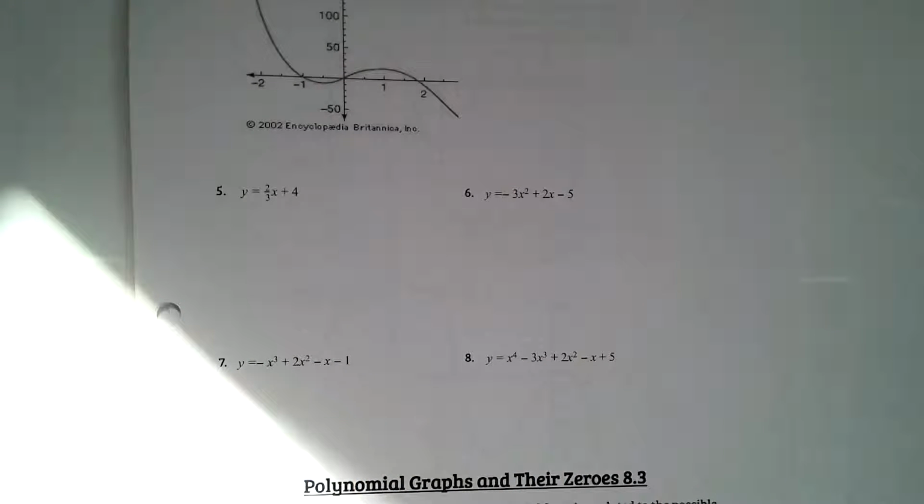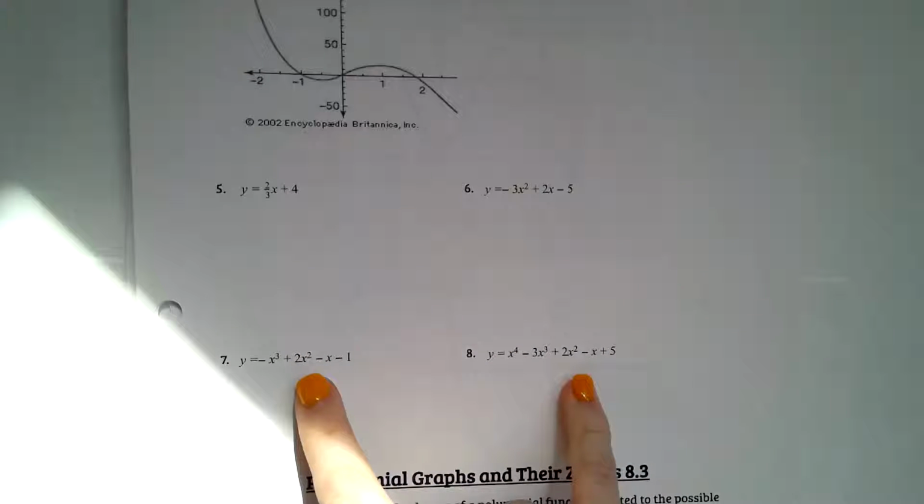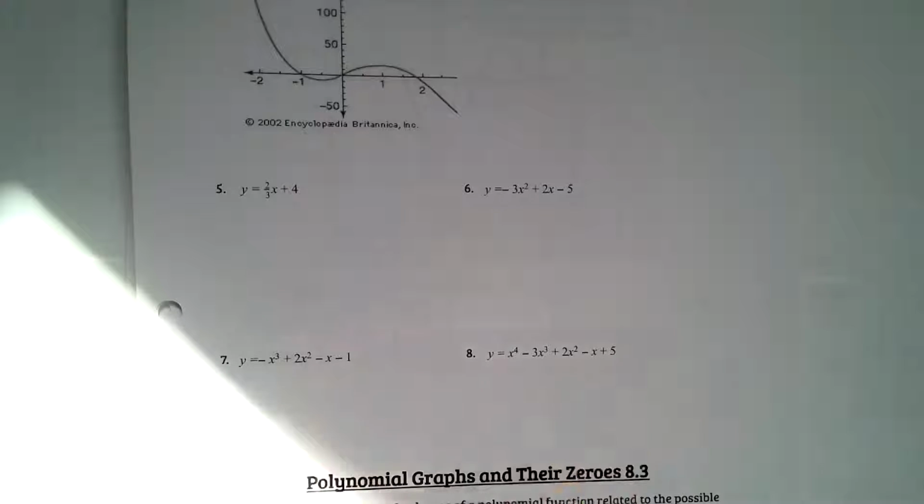Okay. Let me know if you've got any questions. You still need to find the end behavior to these as well. Okay. Let me know if you've got any questions.